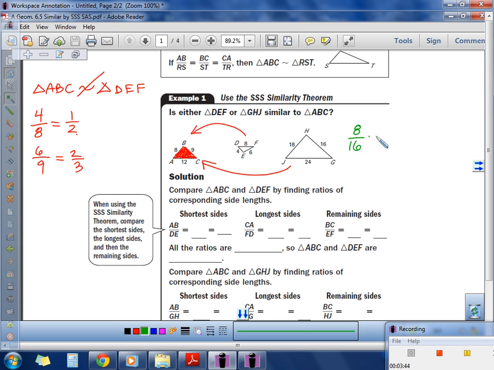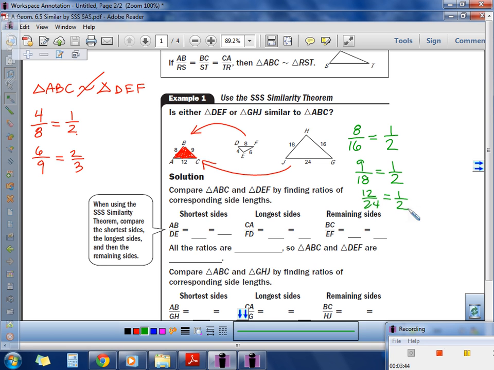So that's 1/2. The medium side is 9, corresponding to 18, and guess what? It's 1/2 as well. The last one is going to be 12, corresponding to 24, and that's 1/2.